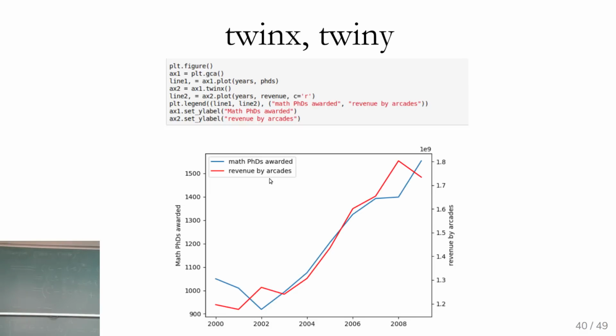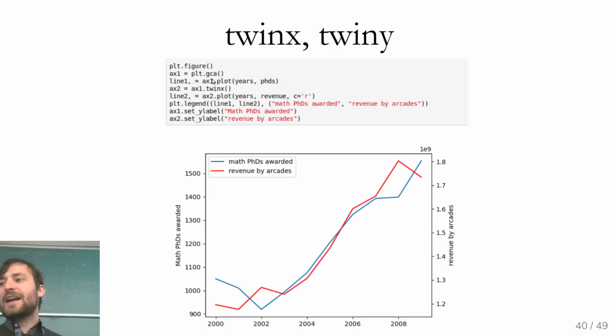So what I do here is I create a twin axis. I have x1, which is the first axis in which I'm going to plot the PhDs. And I'm going to do x2, which is a separate axis, but they share the x-axis. That's why it's called twin x. So they share this year scale.